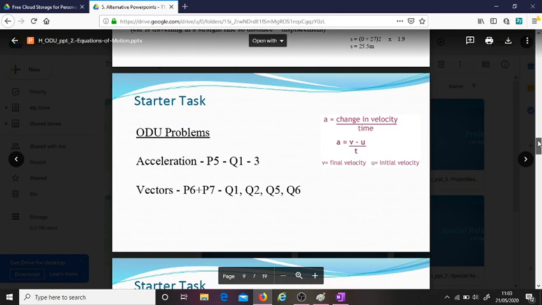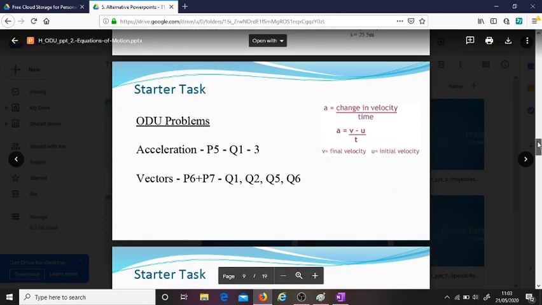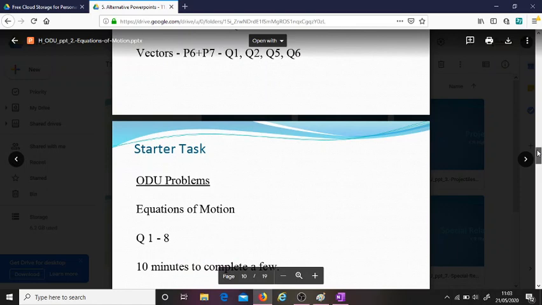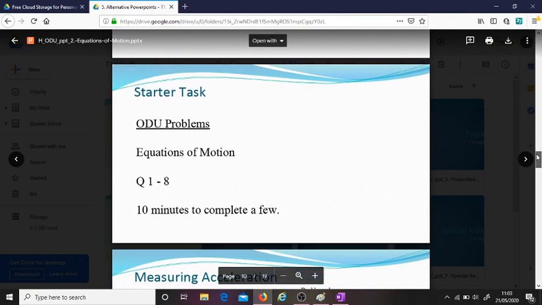So these questions you've already done. You've done your vector questions, you've done your acceleration questions. So what I'd like you to do now is go to the problem book, and I'd like you to do the equations of motion questions 1 to 8. Don't worry about the 10 minutes to complete. It's not really relevant at the moment how long it takes, to be honest, but I'll set the task.